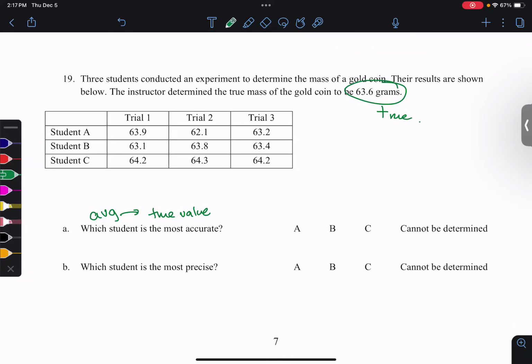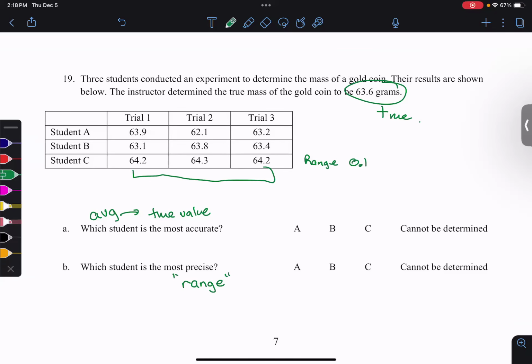Then which one is the most precise? What does precision depend on? Range. I like to say range. You look at the high and the low in the data set and see what the range is. Student C has a really narrow range, only about 0.1. They only deviate a tiny bit. But who has a really bad range?